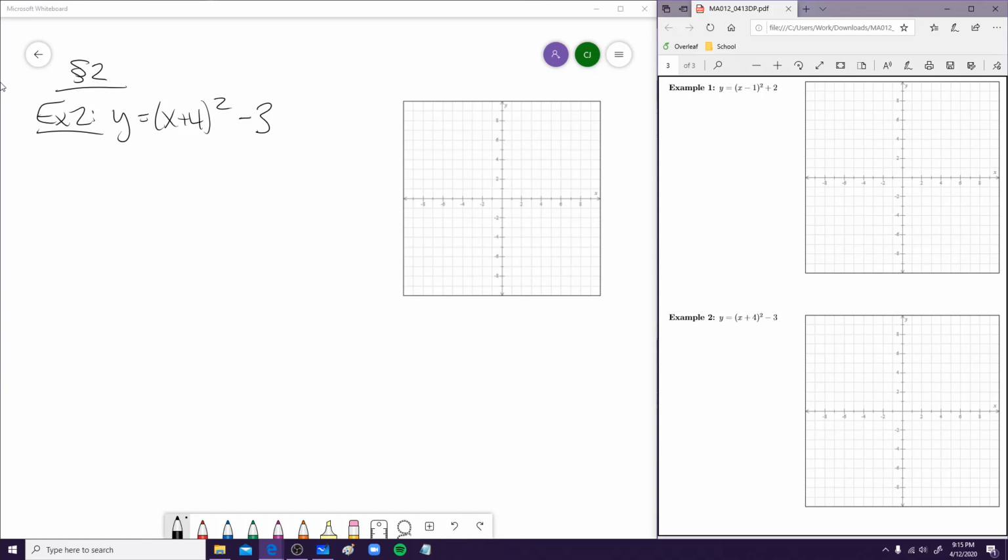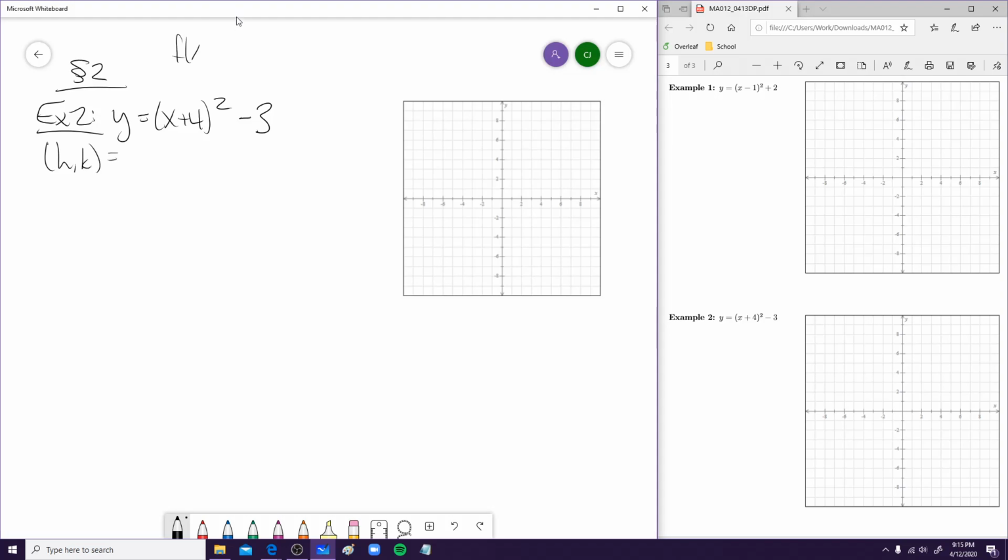So what am I going to do? We are first going to find the vertex. So we want to find what HK is. So recall, what is the general form of our parabola or of our quadratic? It is a times the quantity x minus h, quantity squared, plus k. So if I rewrite this, so let me erase this first.